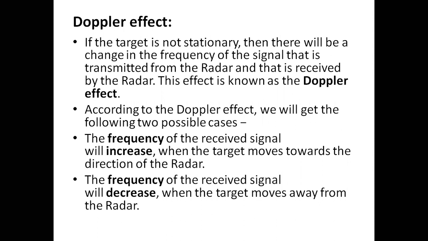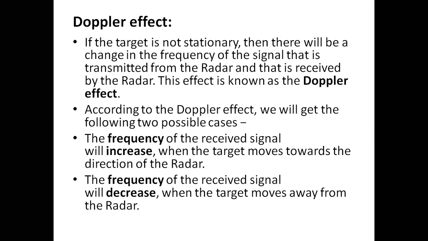That is about the stationary targets, the target which is stationary at that position. That means the target is not moving. So if the target is not moving, what is the range of the target? We have already covered that in the previous session.